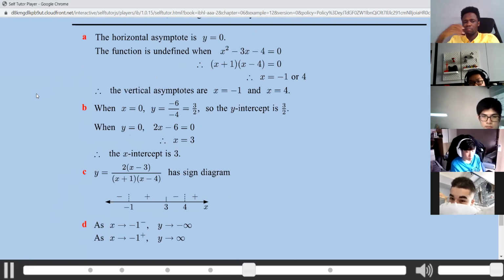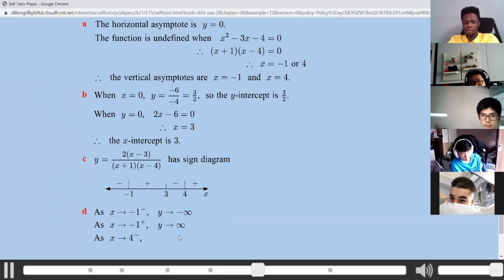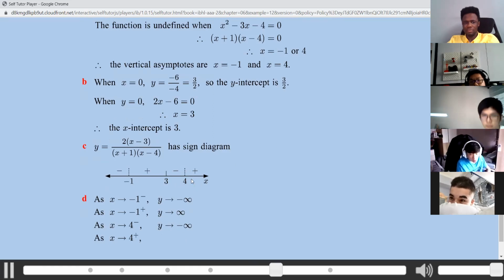So as x tends to -1 from the right, the function tends to infinity. Just to the left of 4, the function is negative. So as x tends to 4 from the left, the function tends to -infinity. Understand? To the right of 4, the function is positive. So as x tends to 4 from the right, the function tends to infinity.